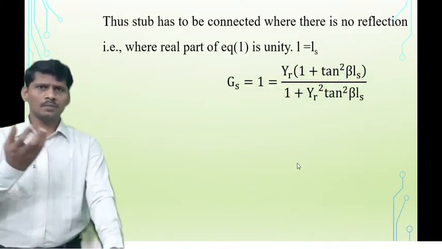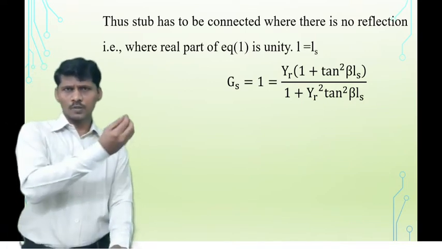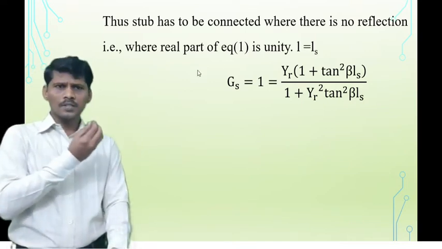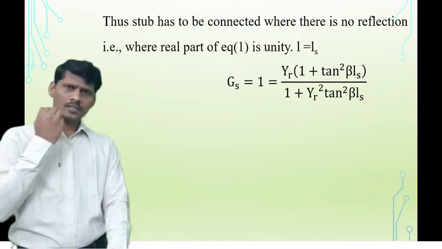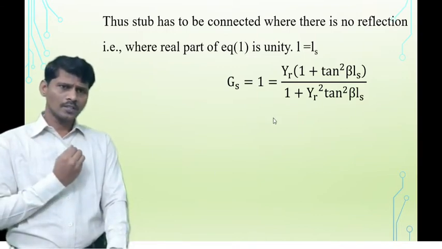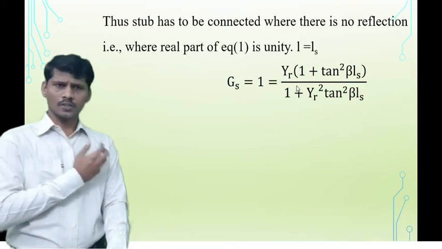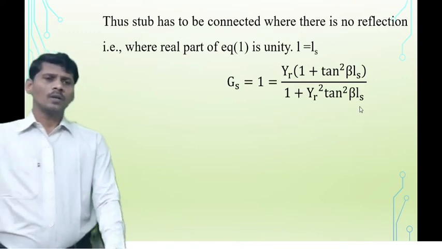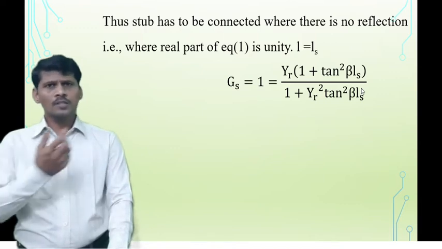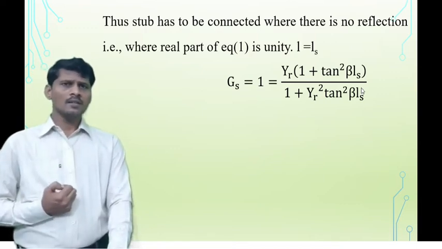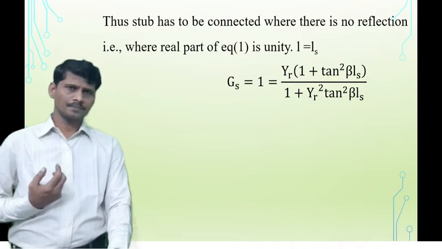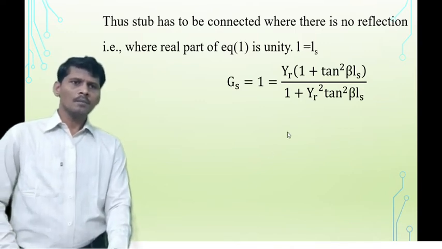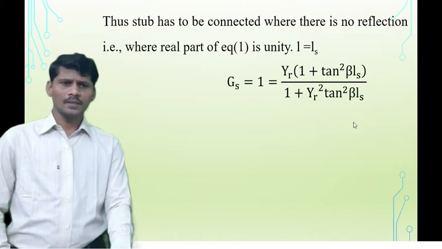The real part of the admittance Ys is Gs, so applying this condition to the input conductance expression, we get Gs equal to 1, which equals the RHS term: Yr (1 + tan² βLs) / (1 + Yr² tan² βLs), where Ls is the length of the short circuited stub.